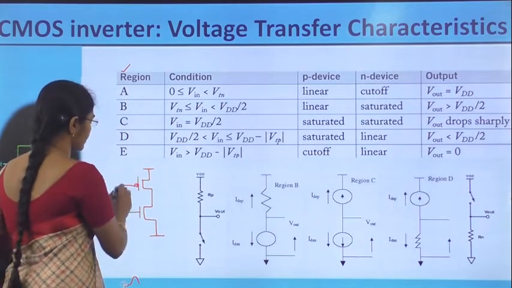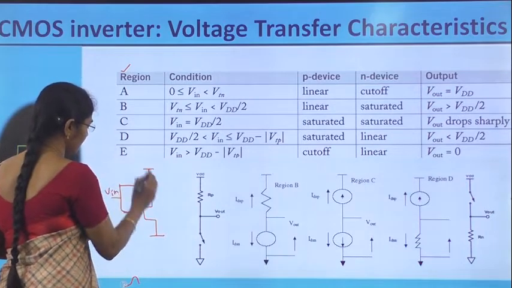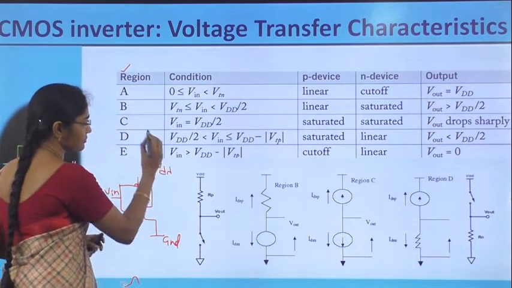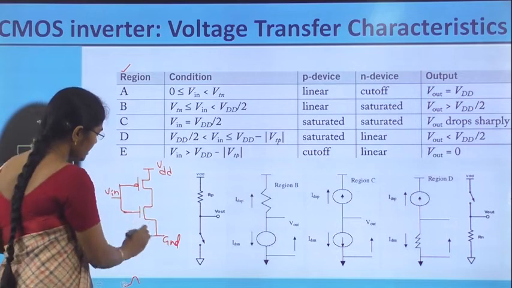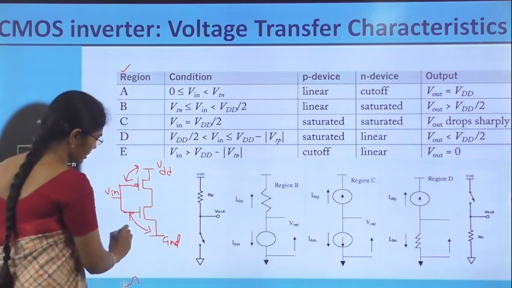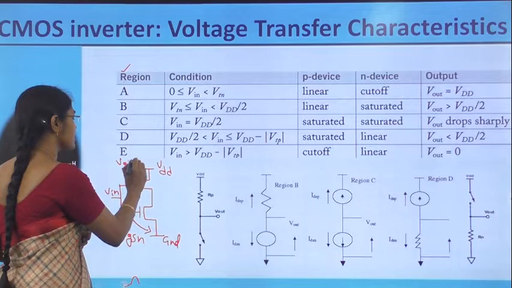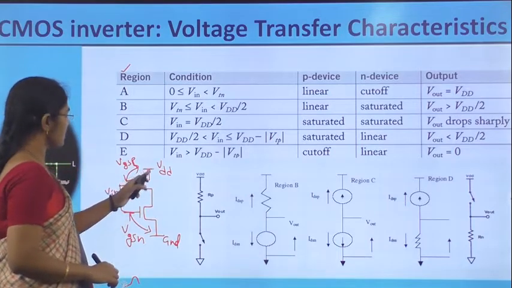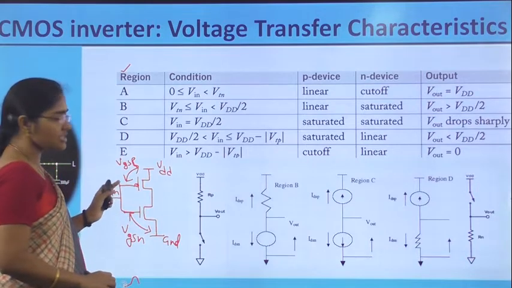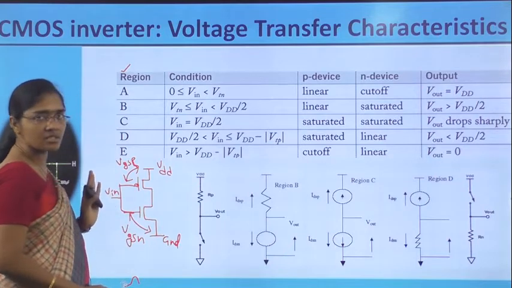In the first case, here is Vin, this is ground, and this is VDD. Here VGSN and VGSP are required. VGSP is Vin minus VDD, and VGSN is Vin minus ground.